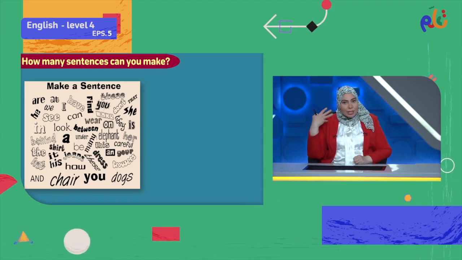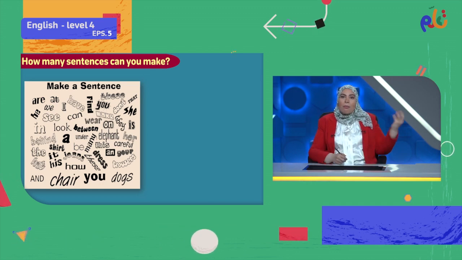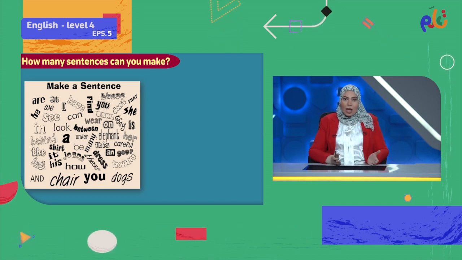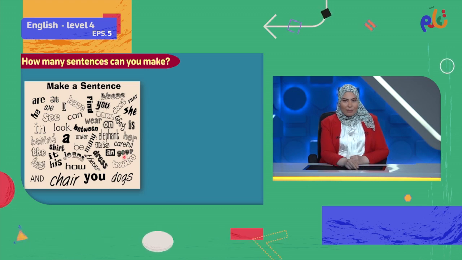So we're only allowed to use these words, no more. The challenge is making as many sentences as we can using these words and not coming up with words from our own mind. You can't bring a word from outside the list. So let's see how many sentences you can make.